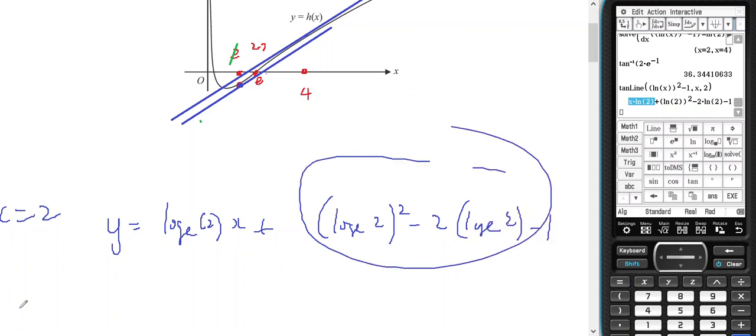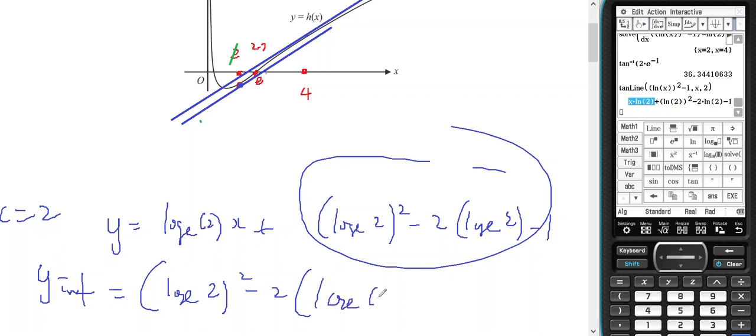That's going to be my y-intercept. So the y-intercept is going to equal log base e of 2 squared minus 2 lots of log base e of 2, minus 1. Other variations will be accepted if you move this 2 up here on the logarithm. So there's the answers to that particular question.